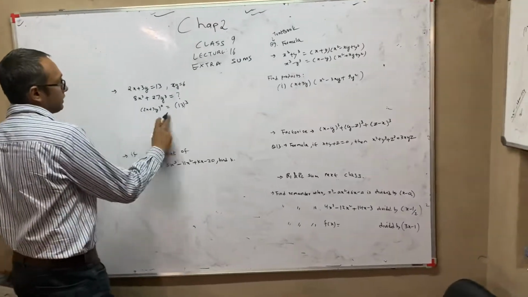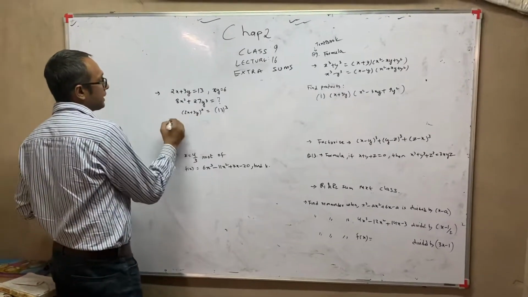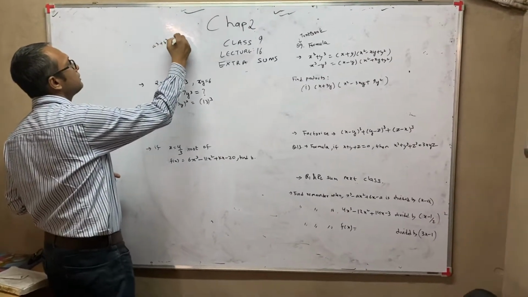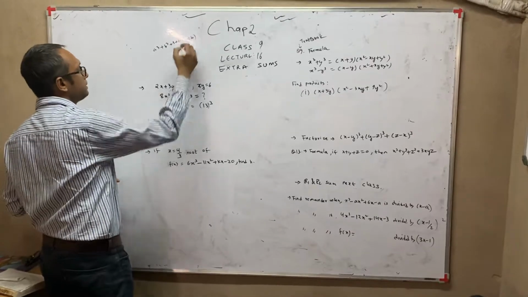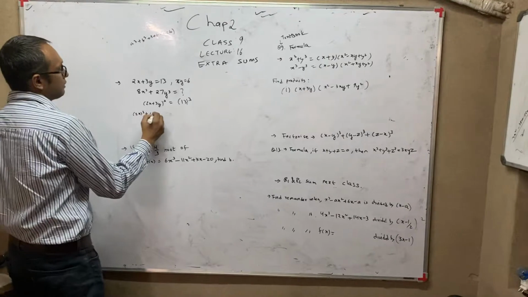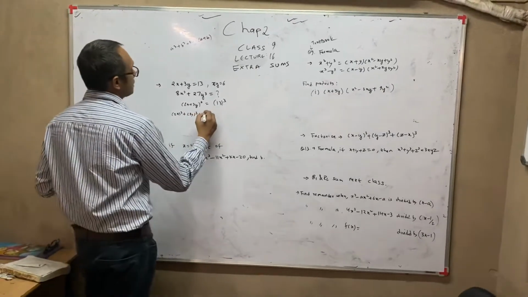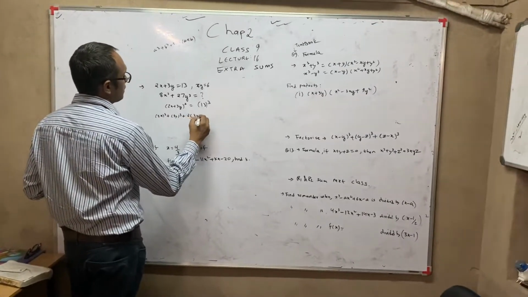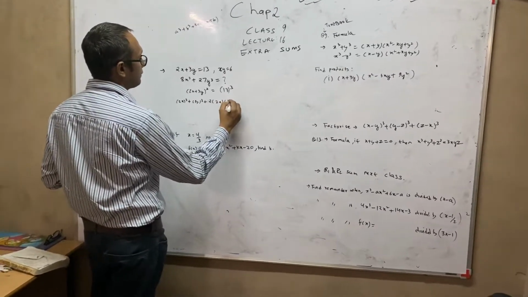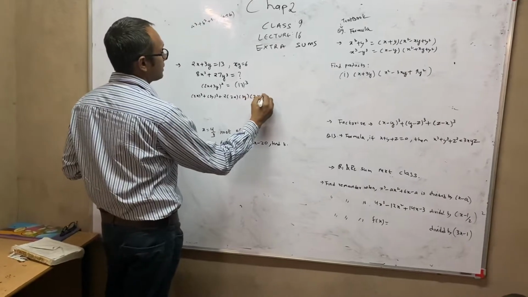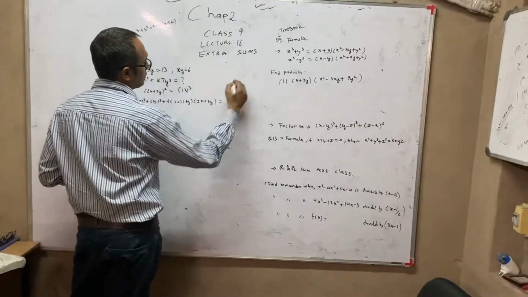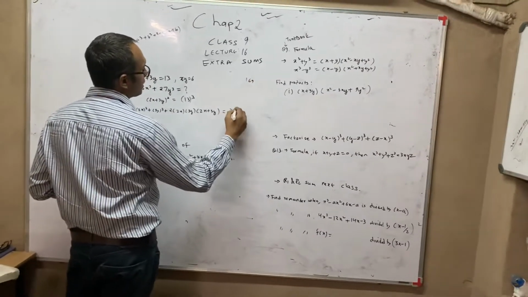So when we do this, this is a plus b whole cube. That is a cube, as you know, a cube plus b cube plus 3ab bracket a plus b. So this will be 2x cube plus 3y cube plus 3 into 2x into 3y, 2x plus 3y, and 13 cube is 169 and then it will be 2197.